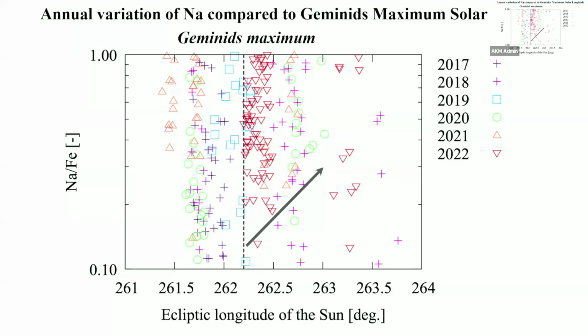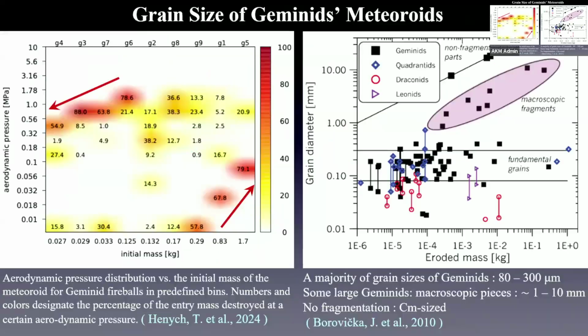And recently, one paper was published by Tomasz Hennicky. In this plot, the aerodynamic pressure distribution versus initial mass of the Geminids is indicated. These numbers and colors designate the percentage of the entry mass destroyed at a certain aerodynamic pressure, on the y-axis.